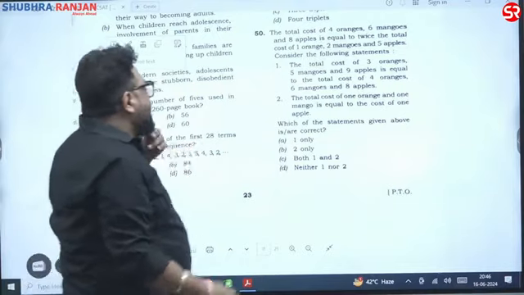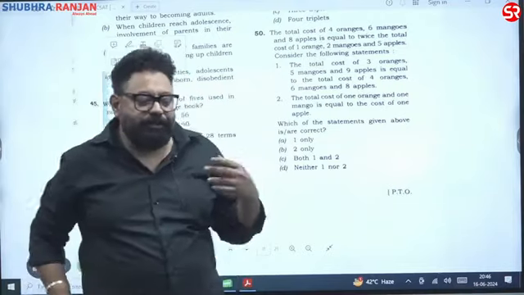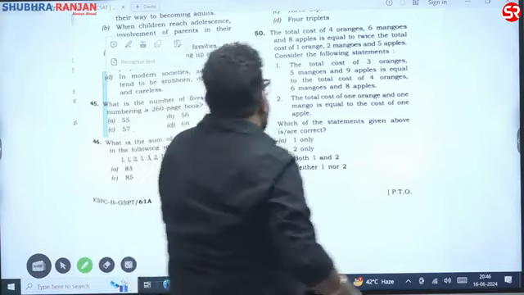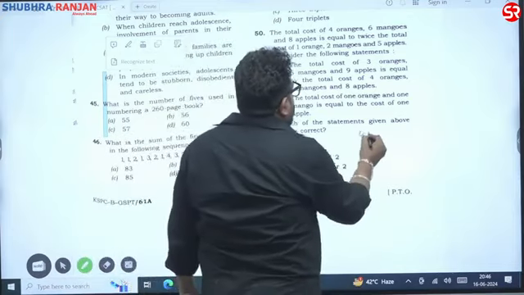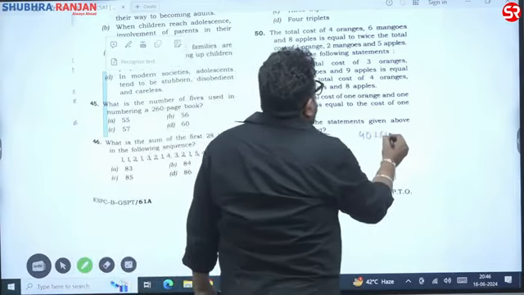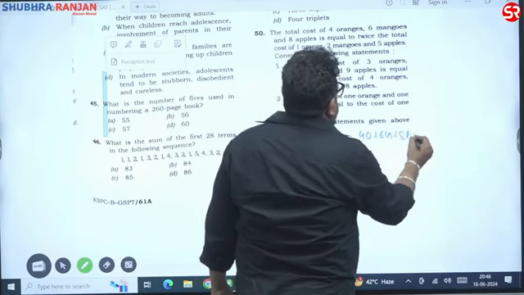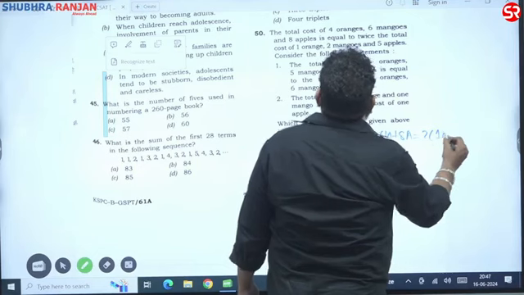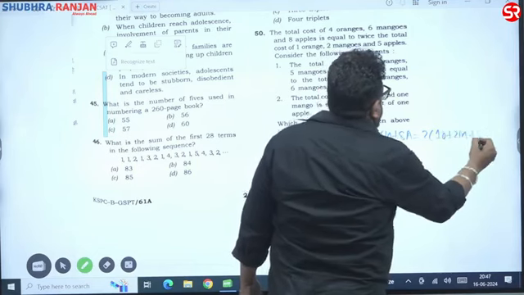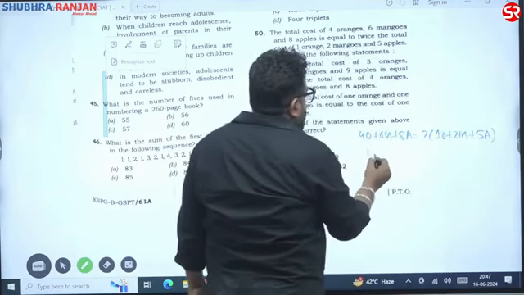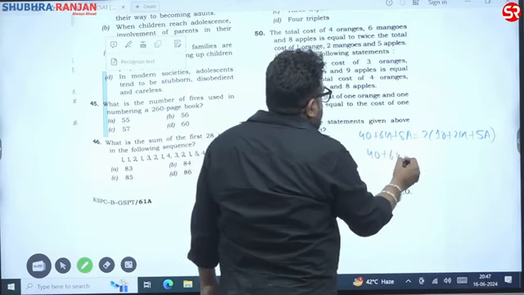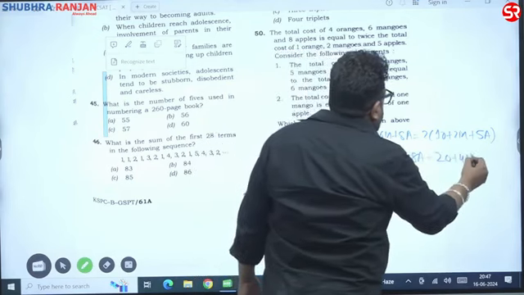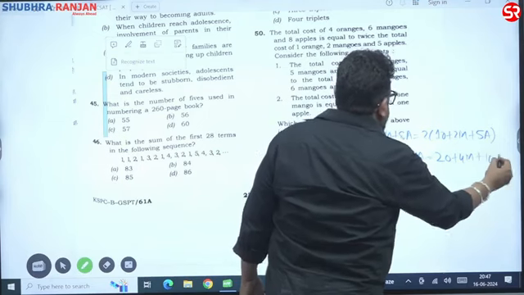The total cost, I think most of the people have left this question on face value, thinking that it is going to be very tough. I have realized this. So total cost of 4 oranges plus 6 mangoes plus 8 apples is equal to twice that of 1 orange, 2 mangoes, 5 apples, which means 4 oranges plus 6 mangoes plus 8 apples is equal to 2 oranges plus 4 mangoes plus 10 apples.